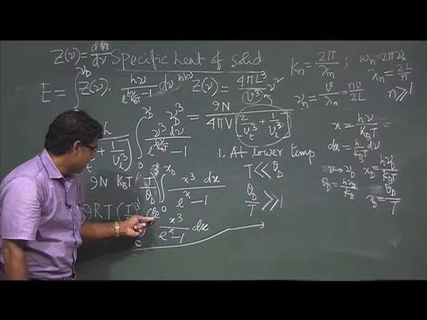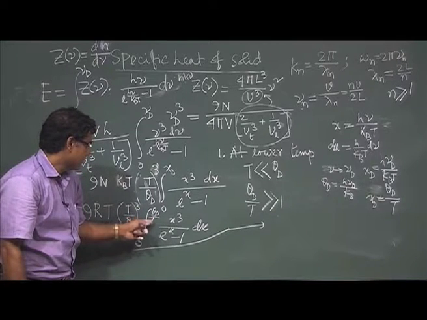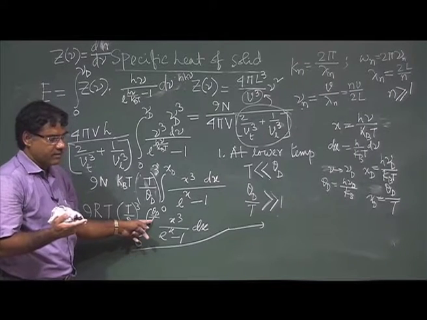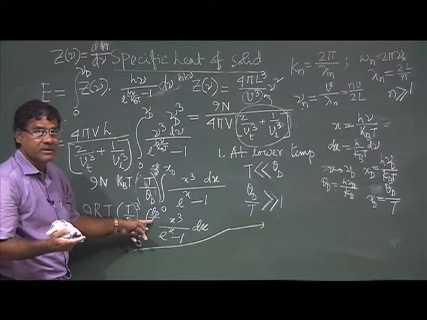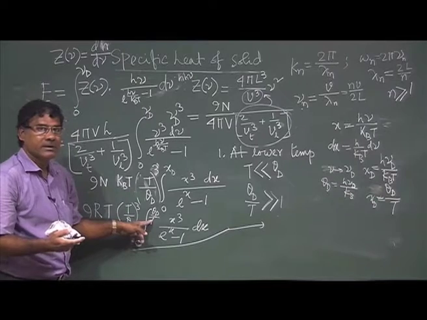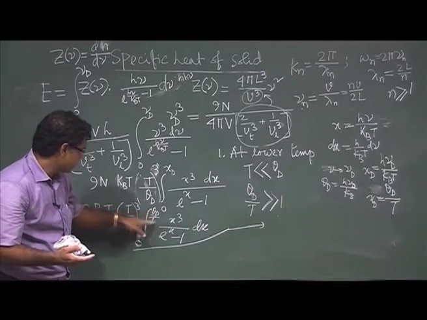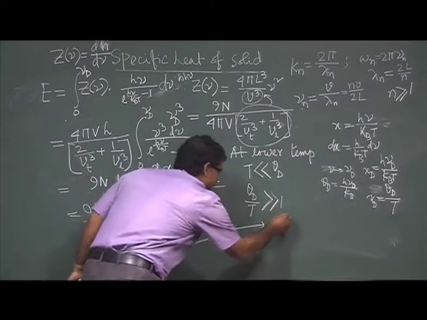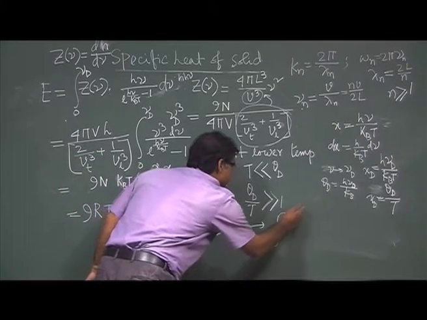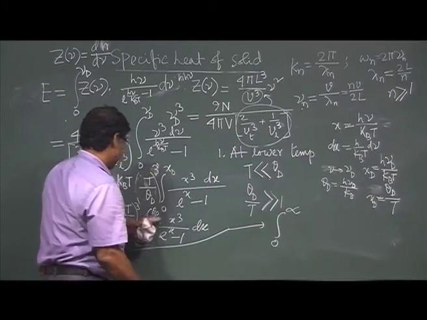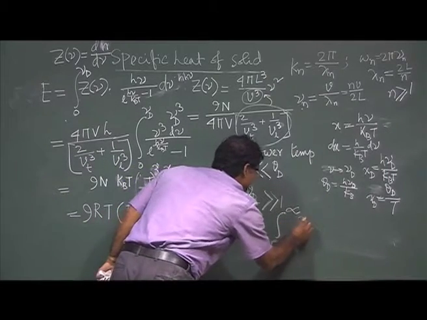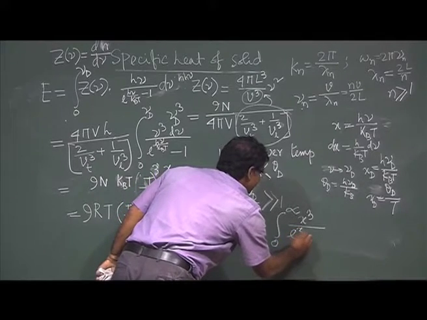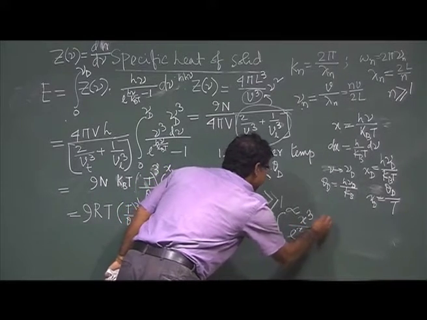If T tends to very small temperature, it tends to 0, so this will be infinity. So, this integration we can write 0 to infinity, x cube over e to the power x minus 1 dx.